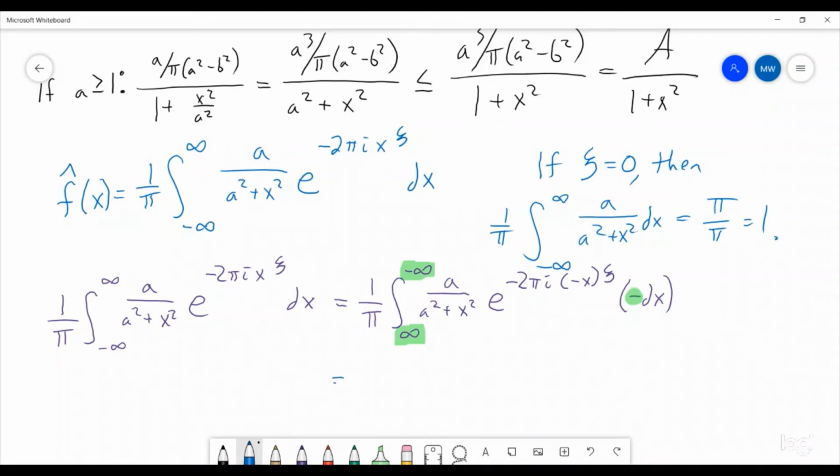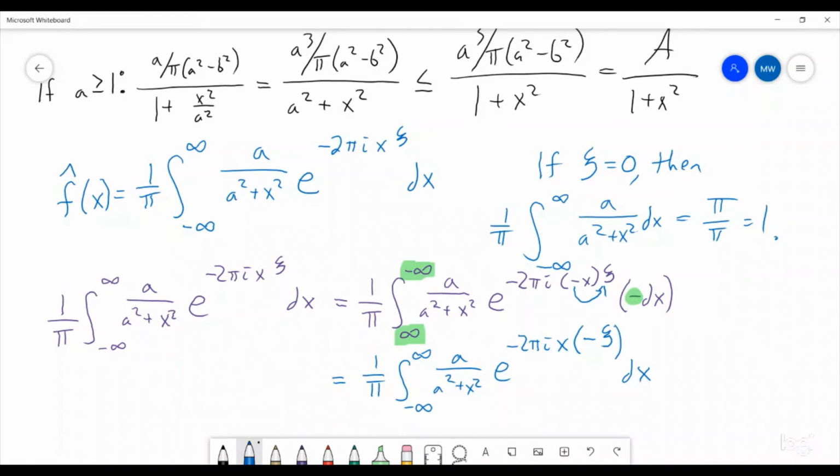So that's equal to 1 over pi integral from negative infinity to infinity of a over a squared plus x squared, and then this negative sign we're just going to stick onto the c. So it becomes e to the negative 2 pi i x negative c dx, which means the integral is the same whether c is positive or c is negative. Both of them are going to work out the same.